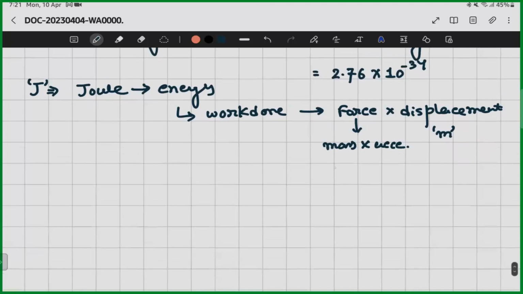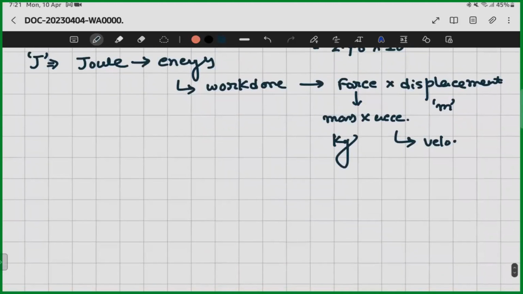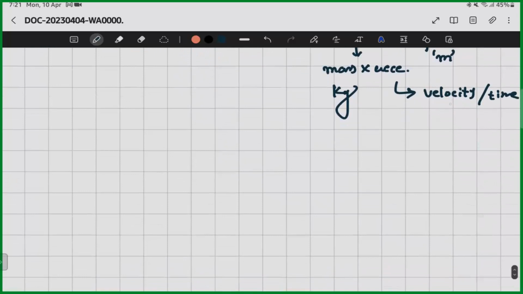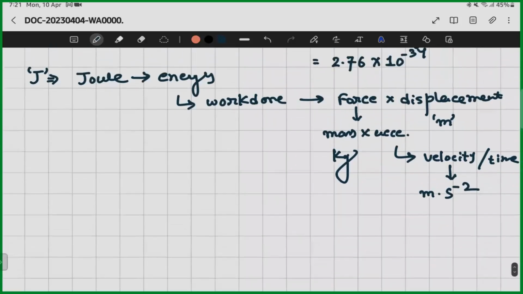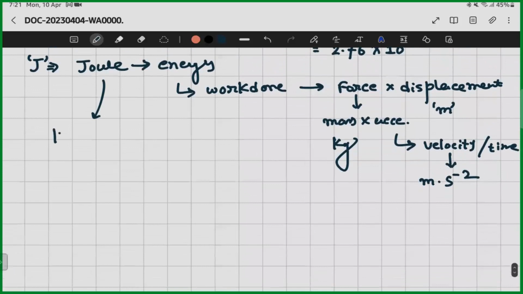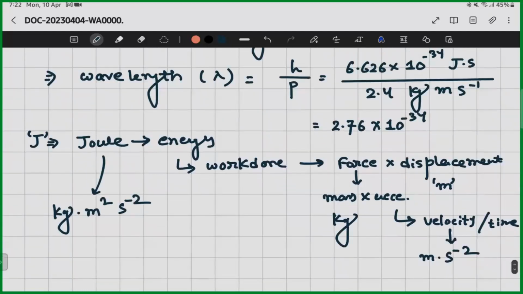The unit of mass is kg. Acceleration is velocity over time, velocity is meter second inverse and again time, so it's meter per second square. So the total unit of joule is kg meter square second to the power minus 2.